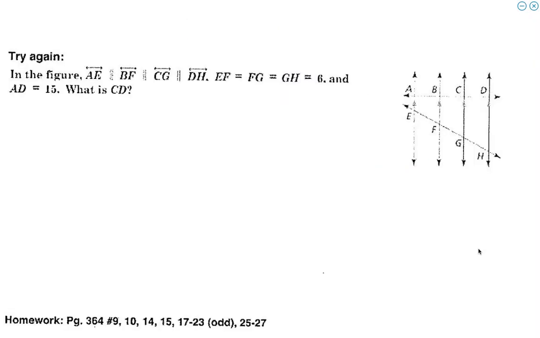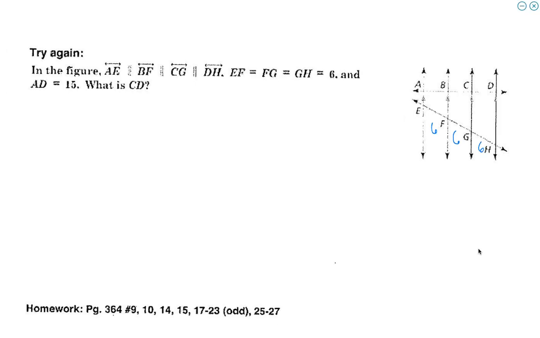And the last one, all four lines are parallel. EF is congruent to FG and GH, and they're all 6. We actually don't care when they tell us that they're 6, but that's basically them telling us that they're all congruent. They could just put in those dashes.